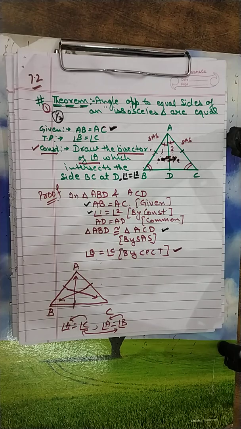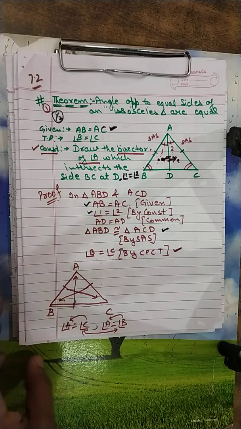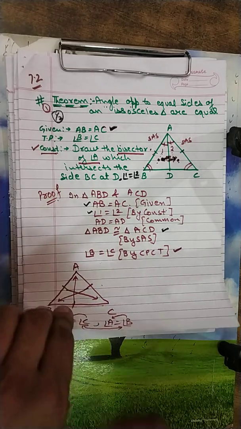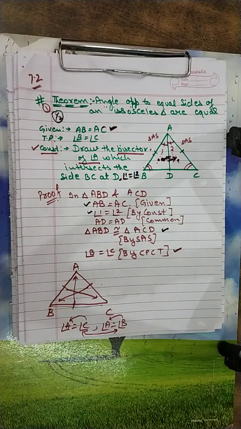Clear? And this property can also be applied to the equilateral triangle, because for this property we need only two sides equal, but in an equilateral triangle all three sides are equal. It means all three angles are equal, because every angle is opposite to a side.